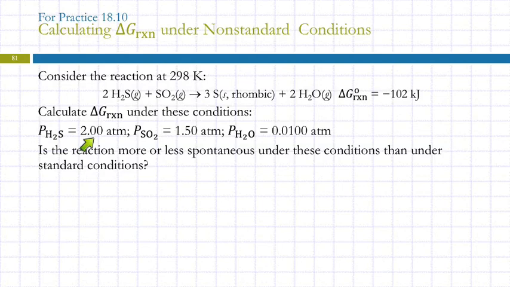So we've got partial pressures of the dihydrogen sulfide, the sulfur dioxide, and the water. And then it also asks, is the reaction more or less spontaneous under these conditions than under standard conditions? So this is telling us how spontaneous the reaction is under standard conditions. We'll calculate delta G, and then to answer that last question, we'll have to just compare.